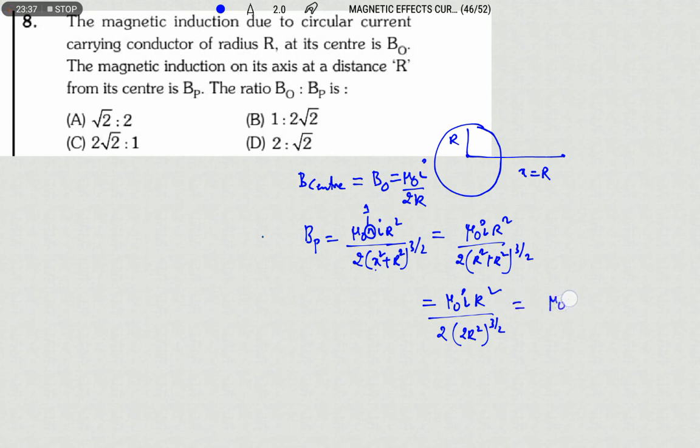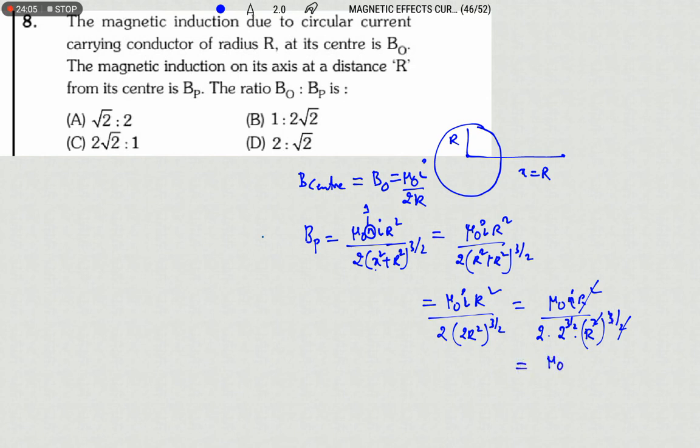So this we can write mu naught I R square by 2 into 2 to the power of 3 by 2, I am separating that power, 2 to the power of 3 by 2 R square whole to the power of 3 by 2. These 2 and 2 get cancelled, and then R square and R get cancelled.